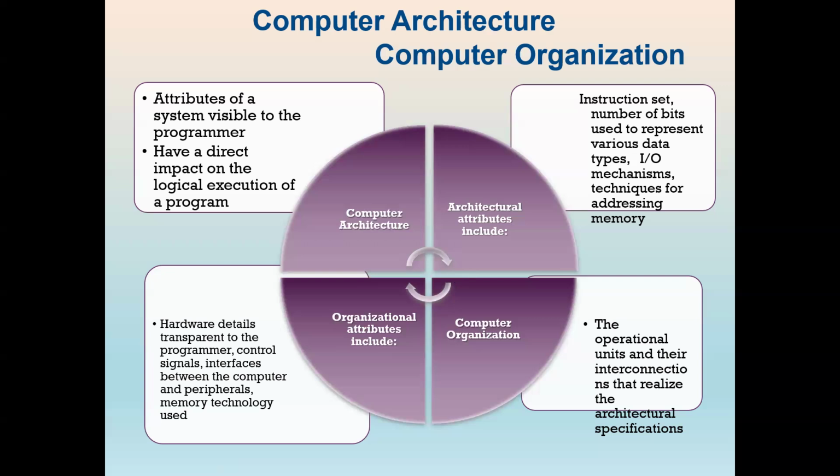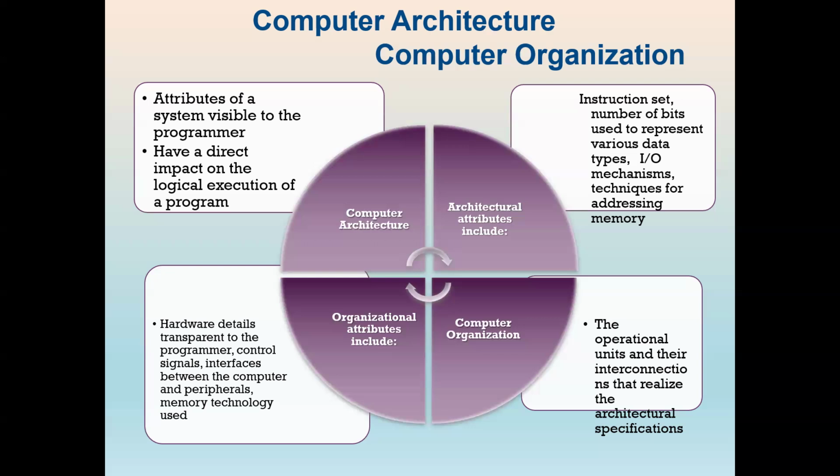Now, computer organization normally refers to the operational units and their interconnection that realize the architectural specifications. Examples of architectural attributes include the instruction set, the number of bits used to represent various data types, for example numbers or characters, the input and output mechanisms, and techniques for addressing memory.